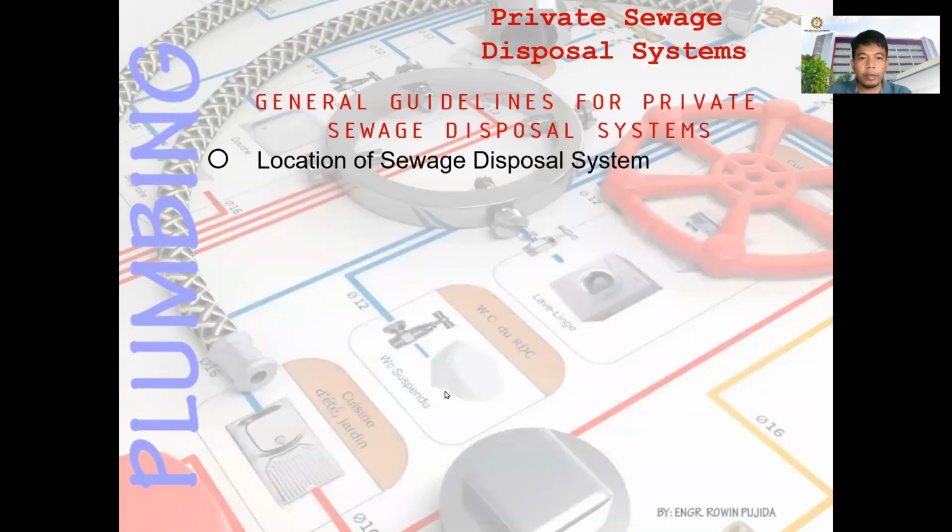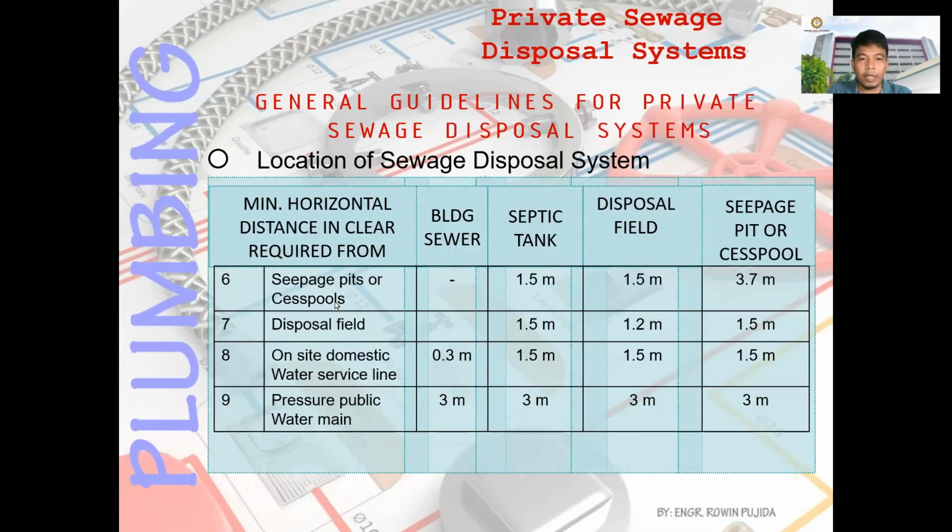Also, from the cesspool to the building sewer, maybe none. From the septic tank, that is 1.5. So you just go through these locations for the sewage disposal system. You can download the PDF file for these slides.